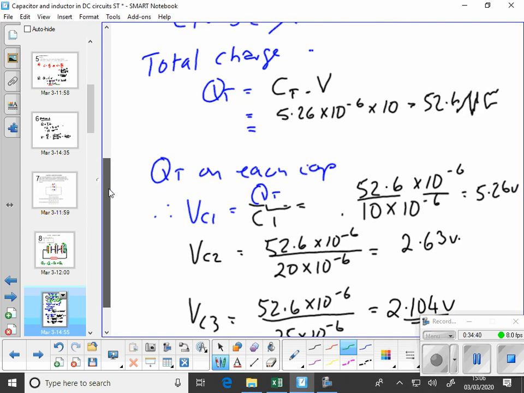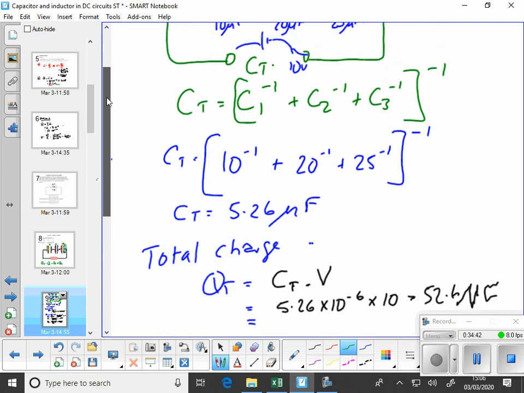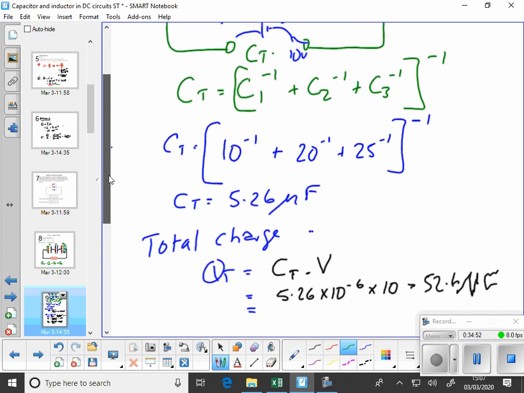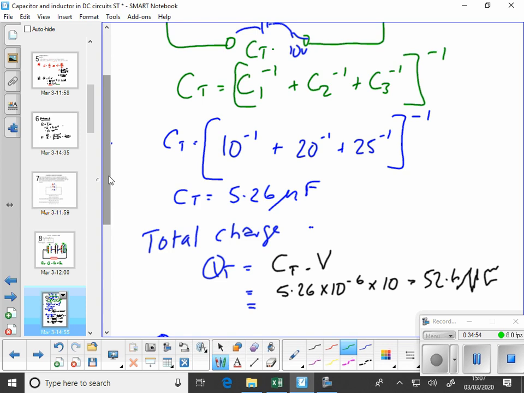Just summarise that because we had a lot of messing around with the board. If we get these in series, the same charge, we know there must be the same charge on each of them. So if we calculate the total capacitance, we can then use that to find the total charge. In this case, 52.6 microcoulombs.